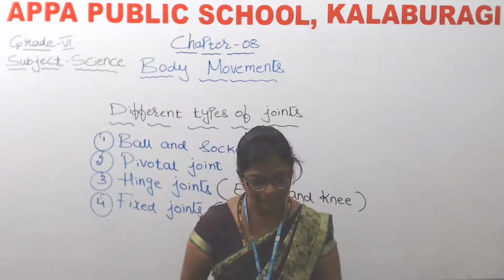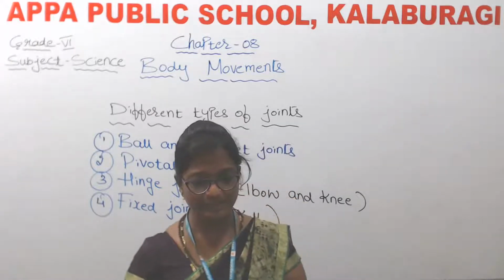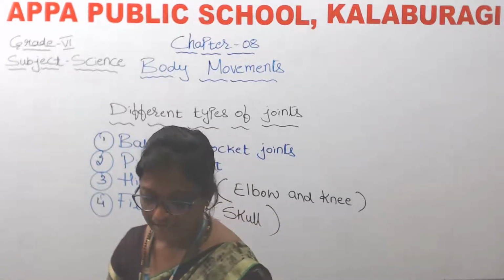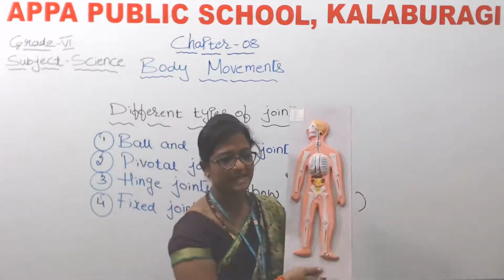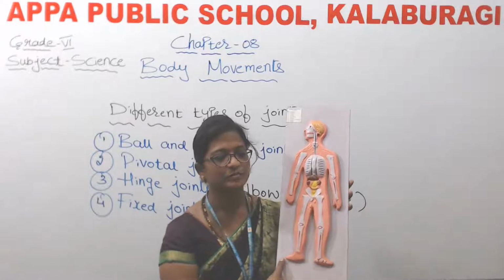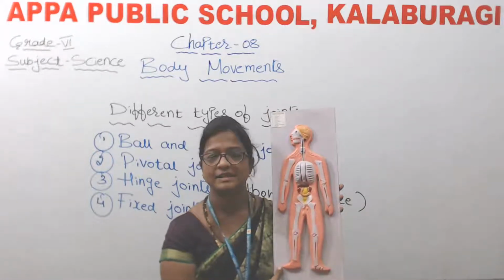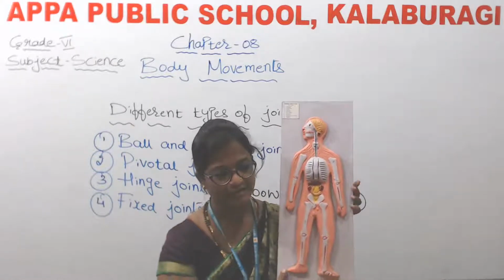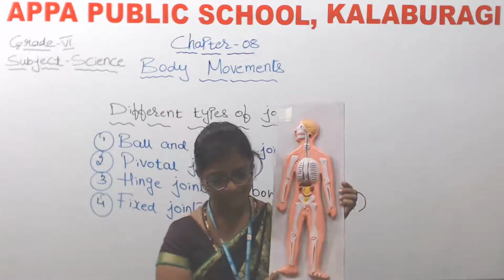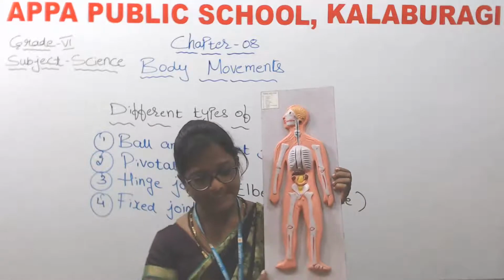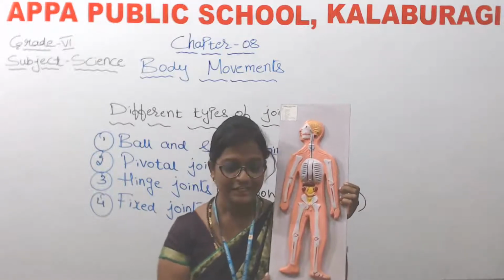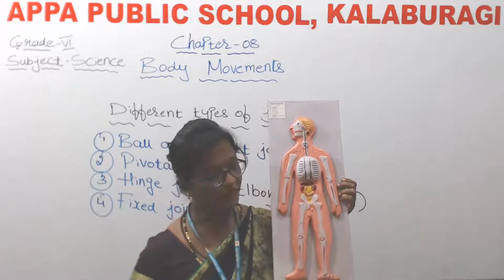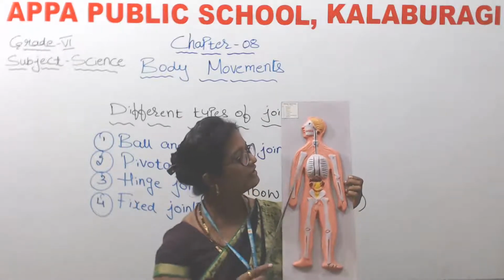So now children, coming back to the human skeleton system. As I have shown you, this is the human skeleton system. Just by seeing this, what do you feel? What can you see here? Yes, you can see bones, isn't it? All the bones in our body form a framework.